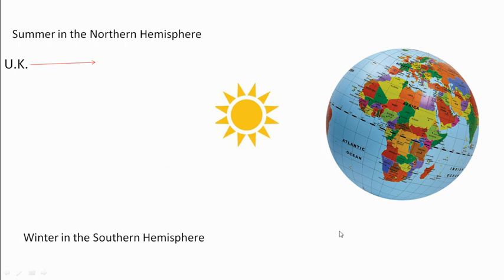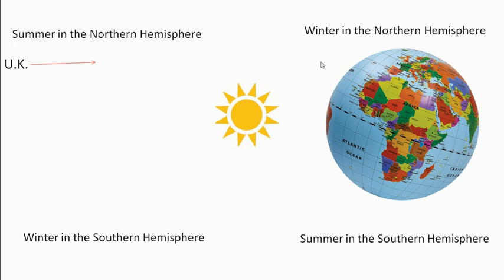Now, you can see what's happened. The sun is much more showing to the Southern Hemisphere, and they're having their summer. And up here in the Northern Hemisphere in the UK, we don't get so much sun. We have shorter days, longer nights, it's colder, and we get more rain. So on this side, you get winter in the Northern Hemisphere, summer in the Southern Hemisphere.